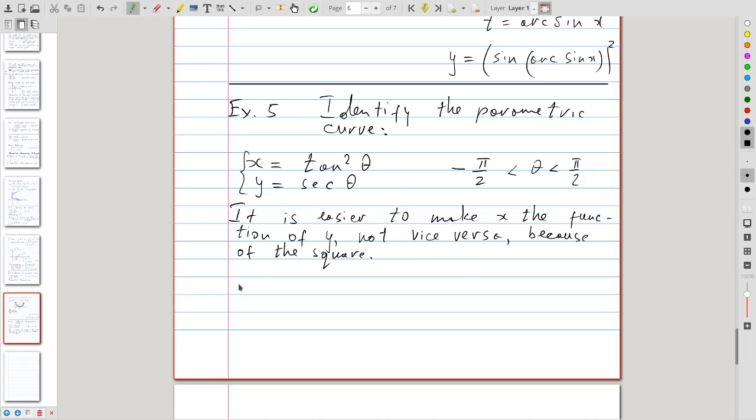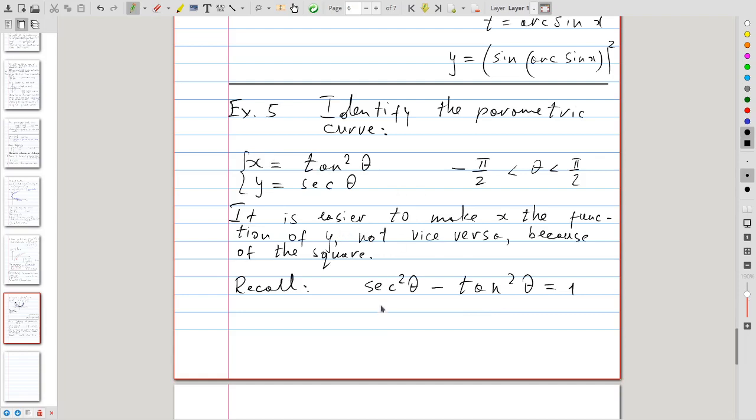So we have that secant squared theta minus tangent squared theta equals 1, right? This is the Pythagorean identity. And what we'll do is just replace the expressions in terms of theta by the expressions in terms of x and y.